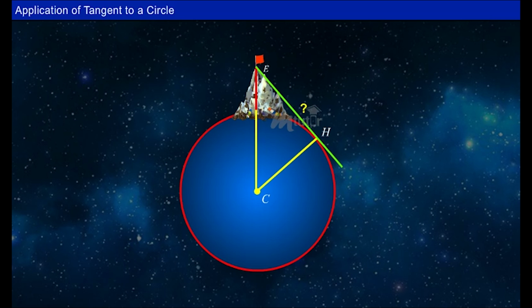We know that the height of the summit is approximately 29,000 feet above sea level. The radius of the circle CH is approximately 4,000 miles.